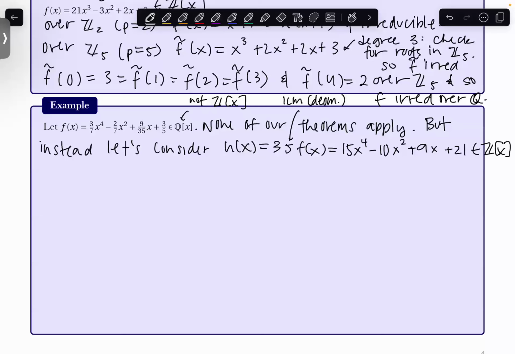I really want to think of the units here, because then I can move these around, and I have information about both of my polynomials. So factoring h will help us factor f. And vice versa, if I know h is irreducible, then I know f is going to be irreducible.